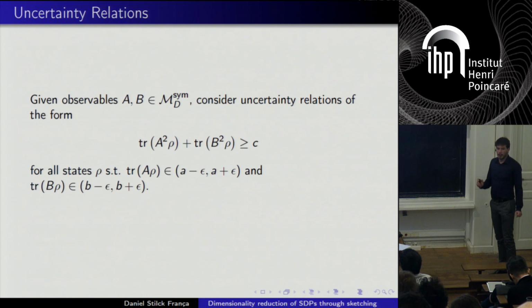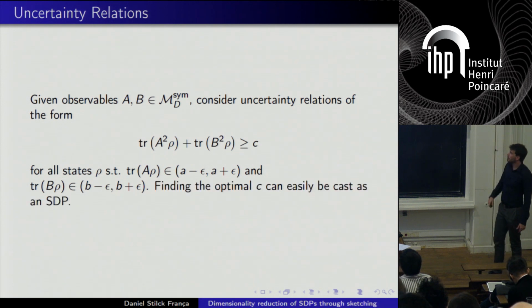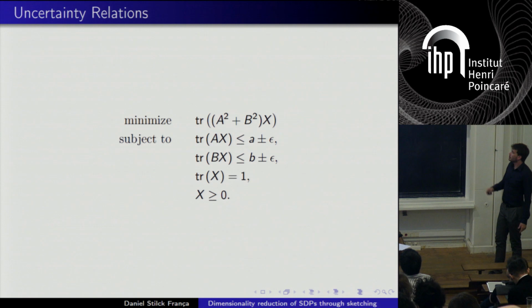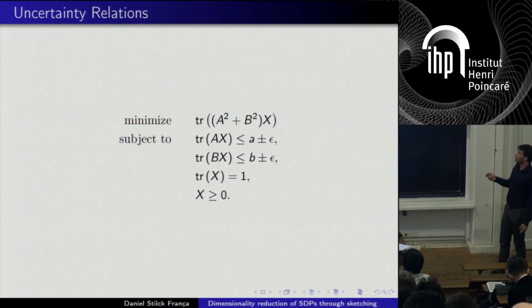Finding the optimal C can easily be cast as an SDP. Namely, you just look at this SDP over here, and this will give you the optimal C, so the optimal lower bound for this uncertainty relation.